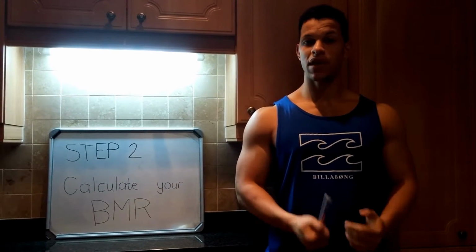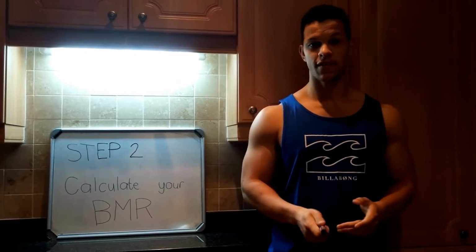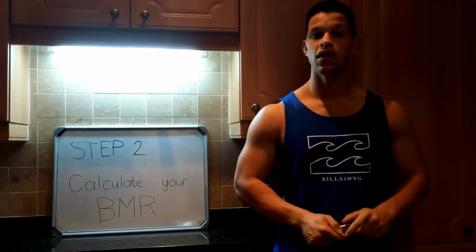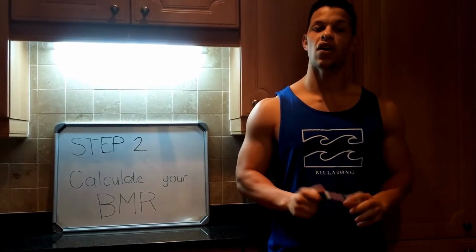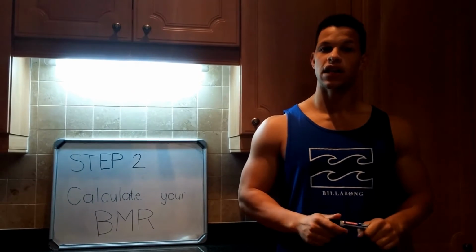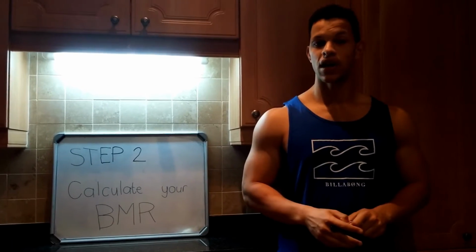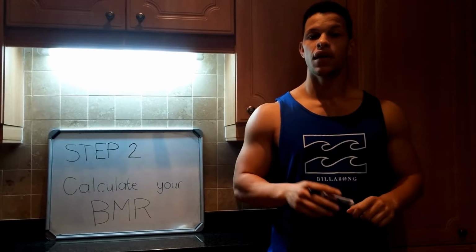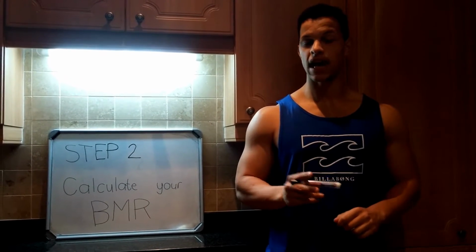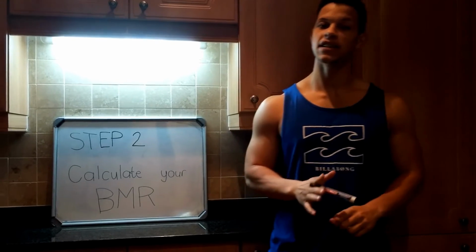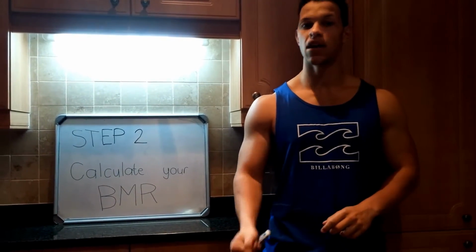Now to calculate your BMR, there is quite a scientific and long formula. So what I've done for you guys is I found an online BMR calculator that you'll find downstairs in the description box to calculate your own BMR. Now what I'm going to show you is an example person of how we can actually calculate their BMR and their calories.